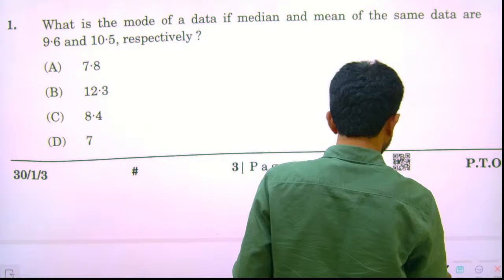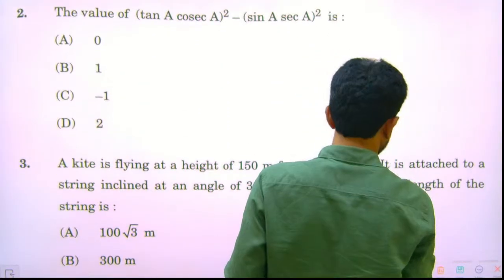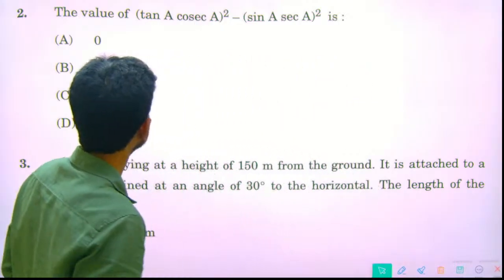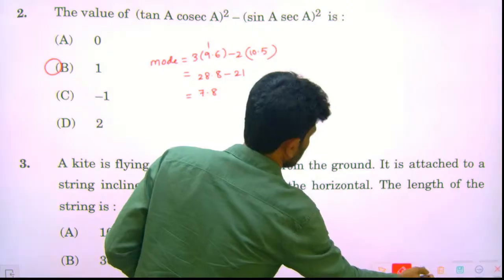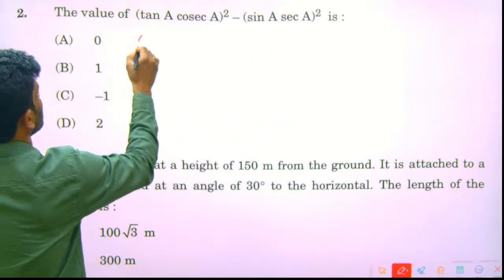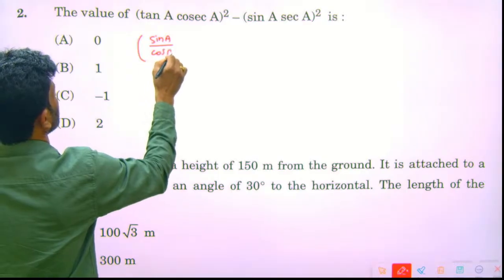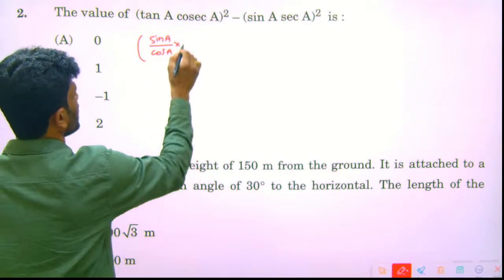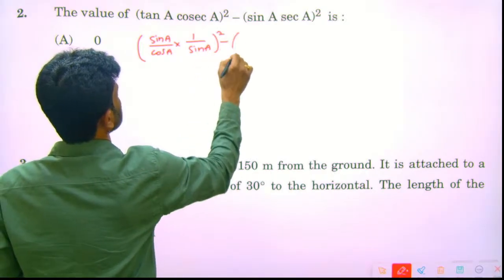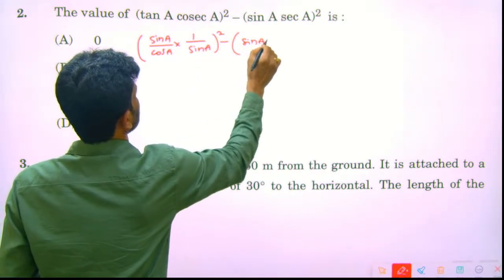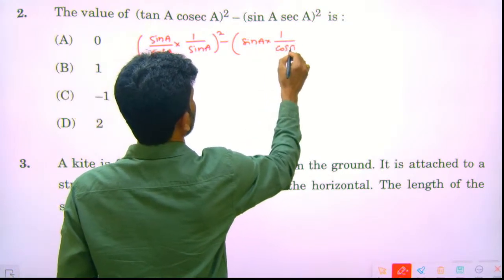Now question number 2. This is also a different question, it was not there before. What can we do here? Tan A is sin A by cos A into cosecant A, which is 1 by sin A, whole square, minus sin A into secant A, which is 1 by cos A, whole square.